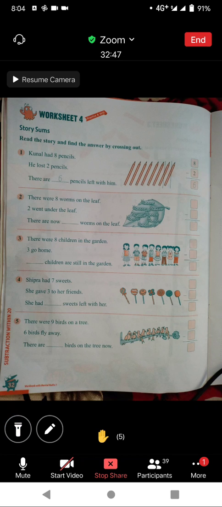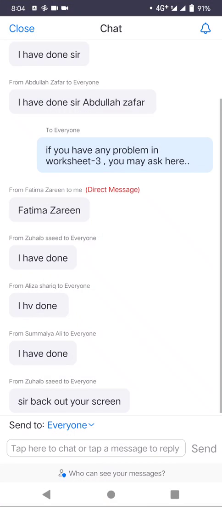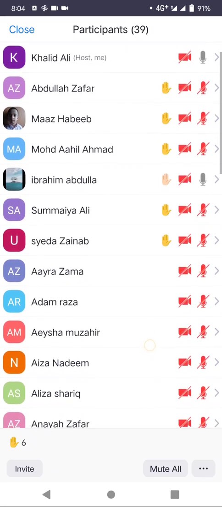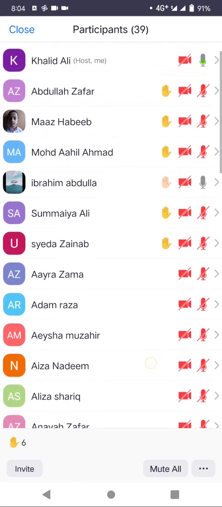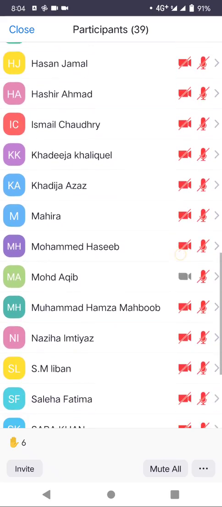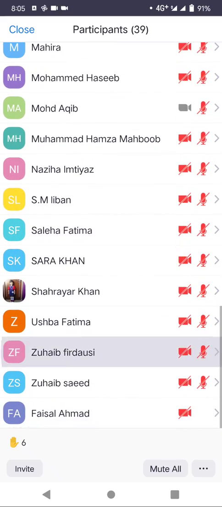Here you have to read the story and find the answer by crossing out. Yes, Zohaib Saeed.